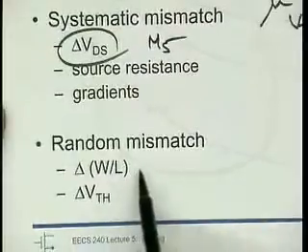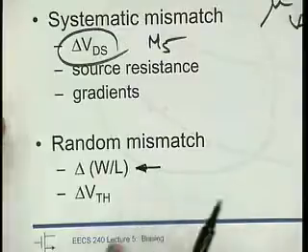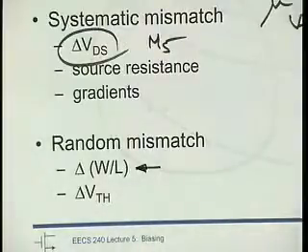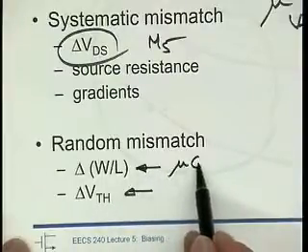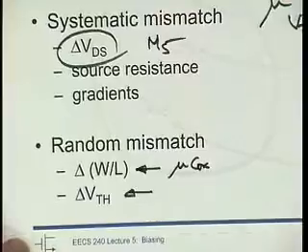Kind of the key contributors in this random mismatch are W over L ratio mismatches and threshold voltage mismatches. And of course, let's lump into this also mu C oxide mismatch.